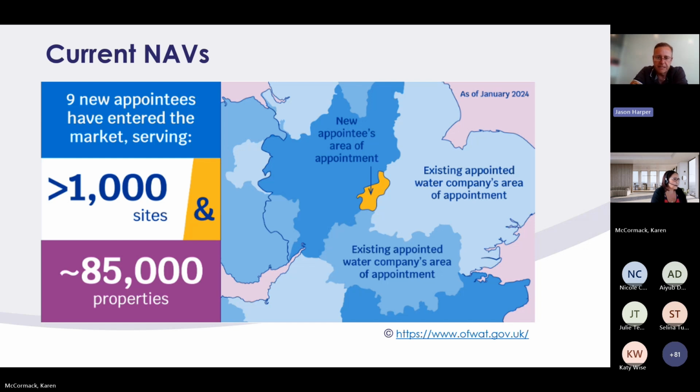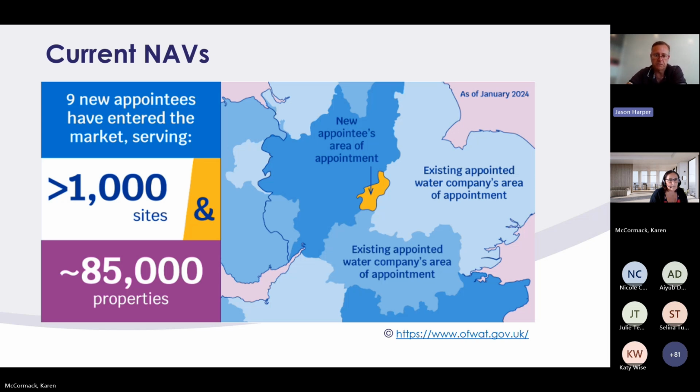But we've seen a massive shift in certain departments. We have our self-lay department, which normally dealt with the developers, and the developers would lay the pipes, especially the waste and everything, themselves, and go through that route. We have a sewer adoptions team who look into the way that the pipes have been laid by the developers to make sure that they can adopt the sewers and they become Thames Water's. That's starting to decrease, where the NAVs are taking over and doing it all themselves.